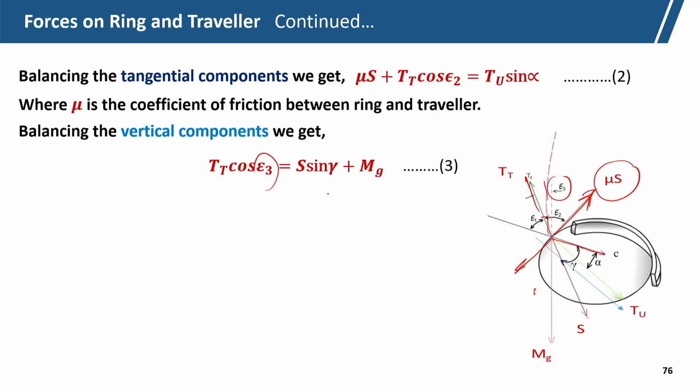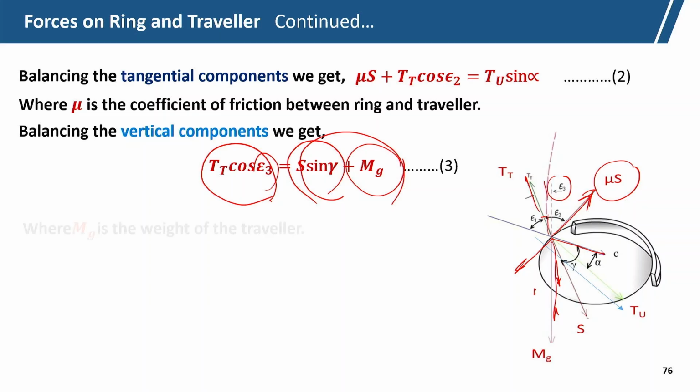S also has 3 components, and S sin gamma will be working vertically downward, multiplied by plus m g. So, these two are moving downward, and Tt cos epsilon 3 is moving vertically upward. So, there are 3 different directions.